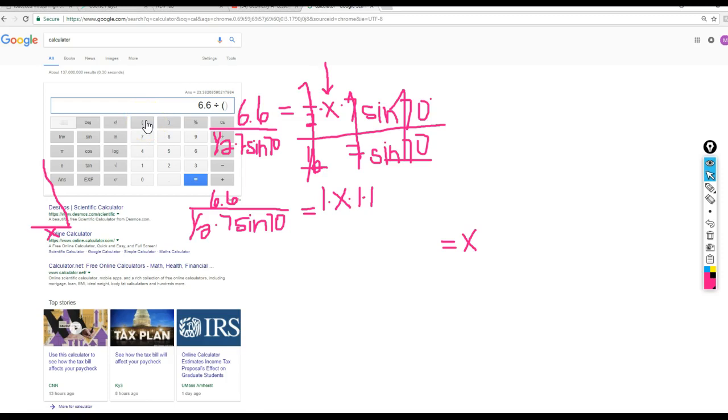So we have parentheses, and then 1/2 times 7 times sine of 70, close parentheses, and I'm making sure it's in degrees again. That's going to equal 2.0067.